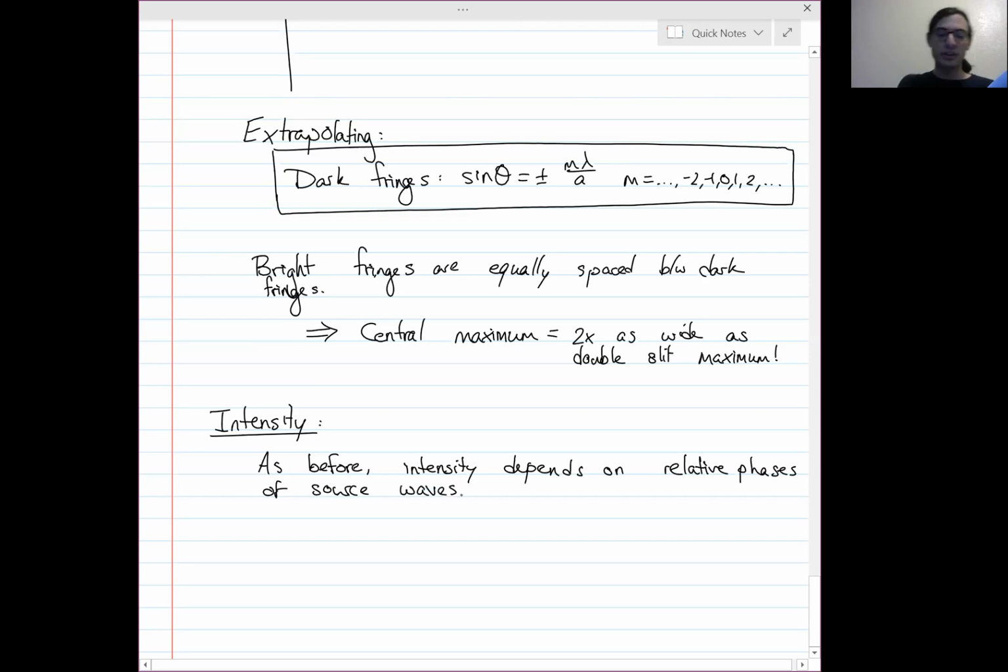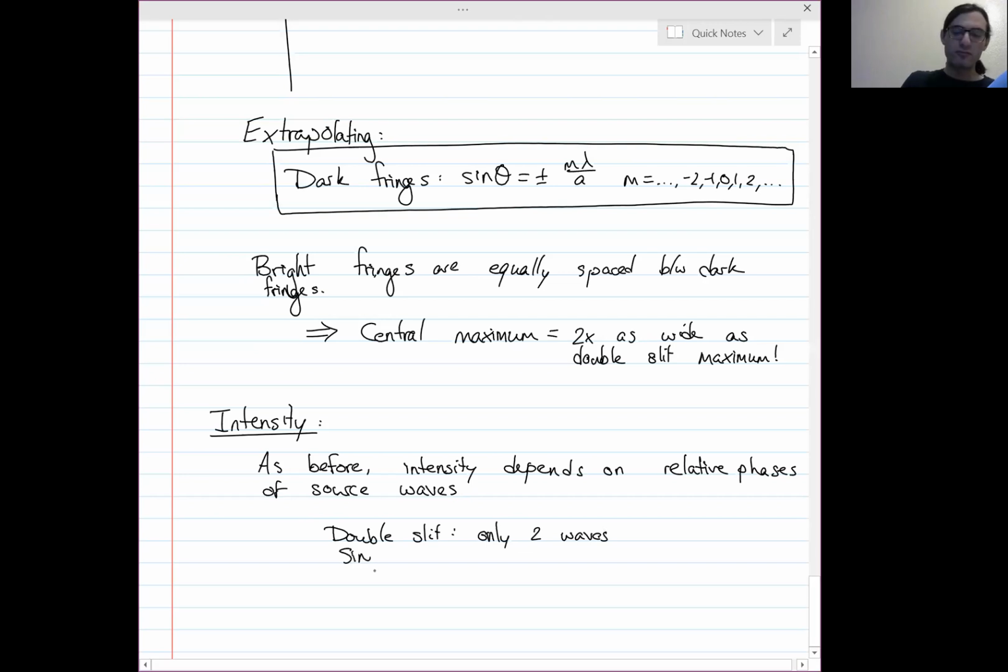For a double slit, there are only 2 waves. You just have to find the difference between the total phases of those 2 waves, and the intensity just depends on that. It's the cosine squared of that phase difference divided by 2.